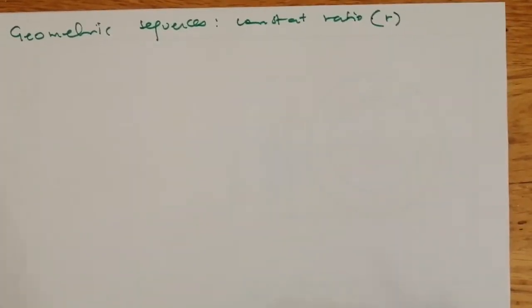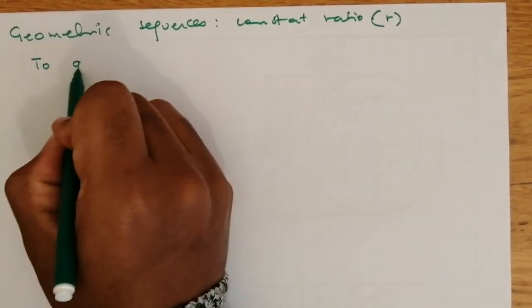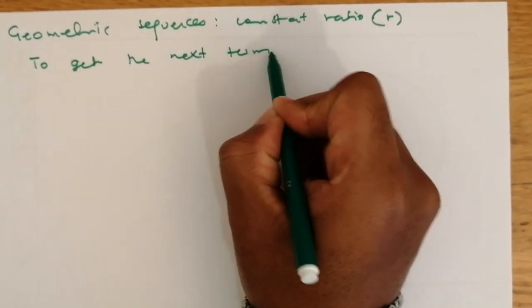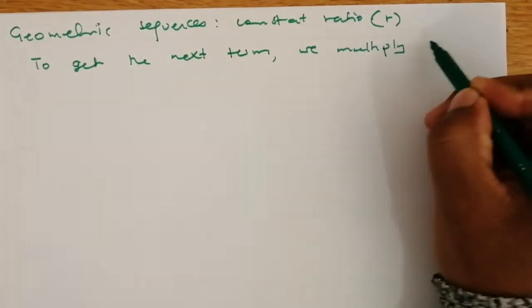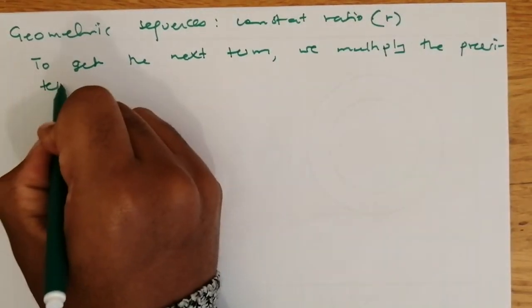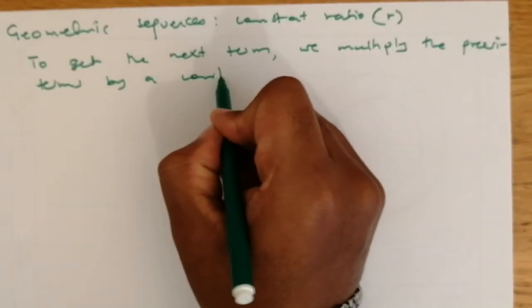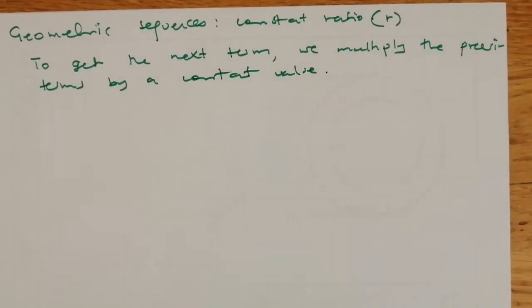As the terms continue, to get the next term, we multiply the previous term by a constant value, right? So basically, in geometric sequences, there exists a common ratio between consecutive terms.